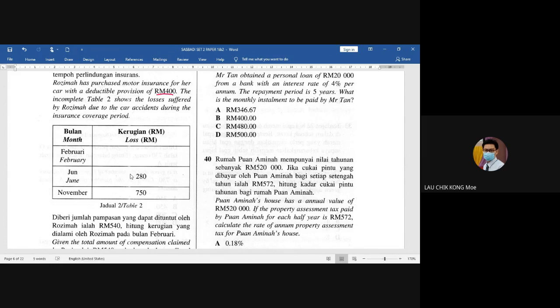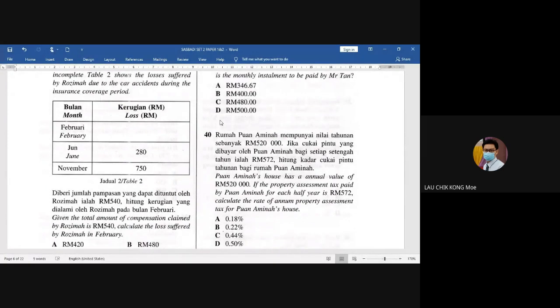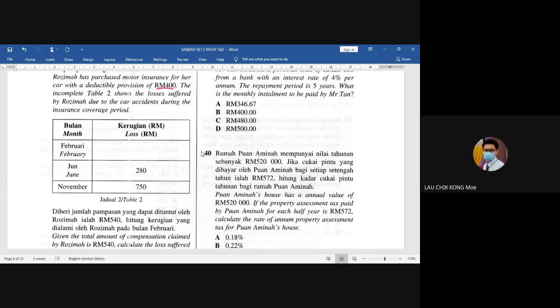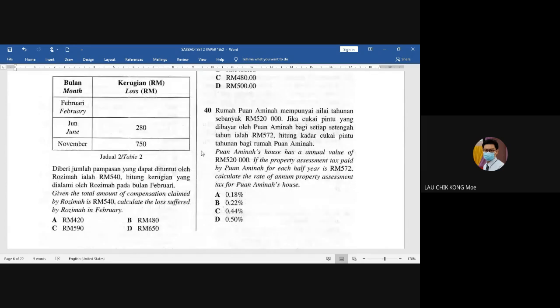June loss 280 ringgit and November 750. Kalau motor dia 750 maybe ini kereta okay. Mungkin ada belangkaran lah, okay. Given the total amount of compensation claimed by the Rosima is 540 ringgit. Calculate the loss suffered by Rosima in February. Question 38.